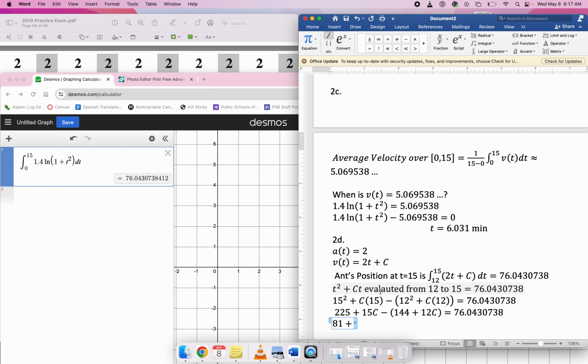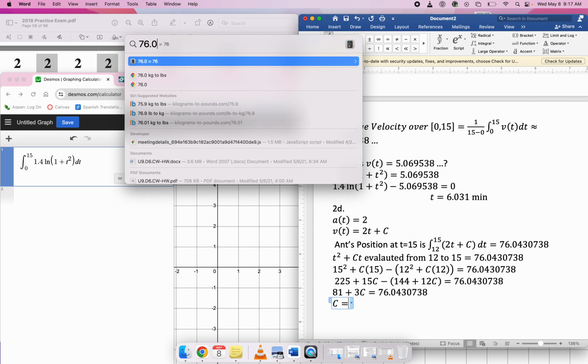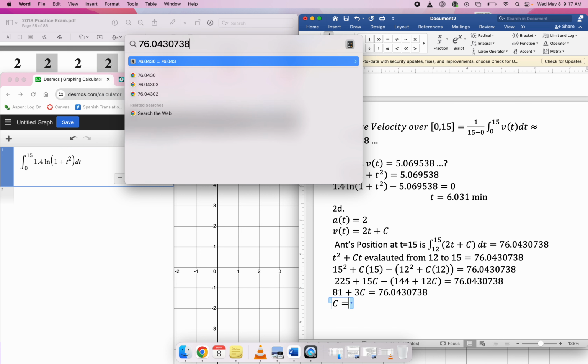And then 15c minus 12c is 3c. So I get 3c, so c is going to be 76.04307338 minus 81, all divided by 3, which is negative 1.6523.